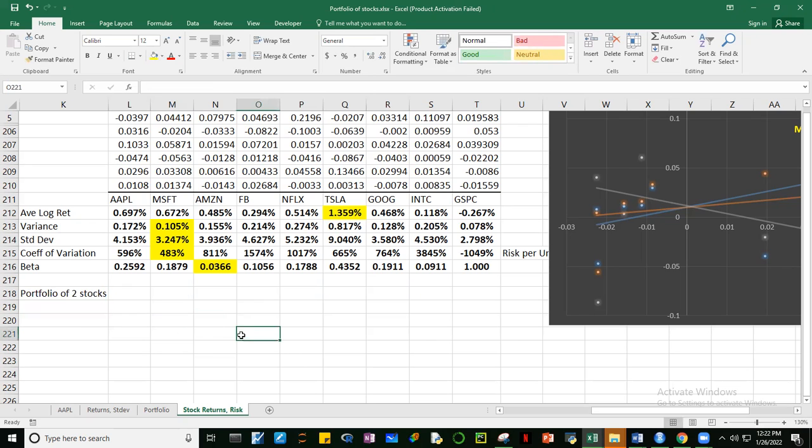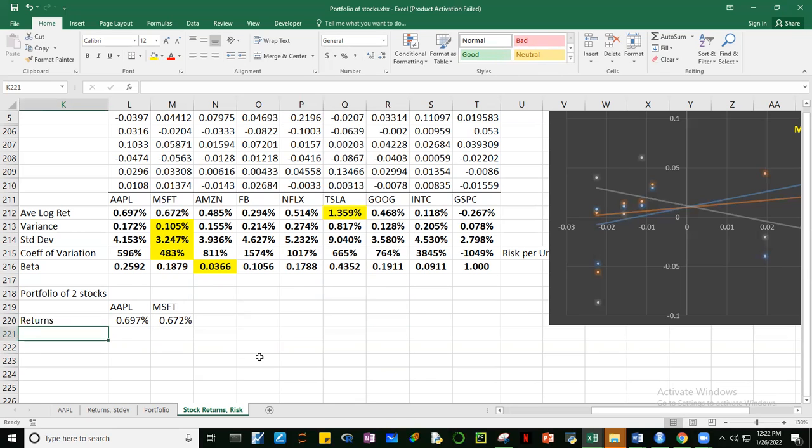Okay, so let's have our 2 stocks, Apple and Microsoft lang. Control C, Control V. Okay, Apple and Microsoft lang, no? So ang returns nila is, I link to that one. Okay, link ko sa returns dito, no?